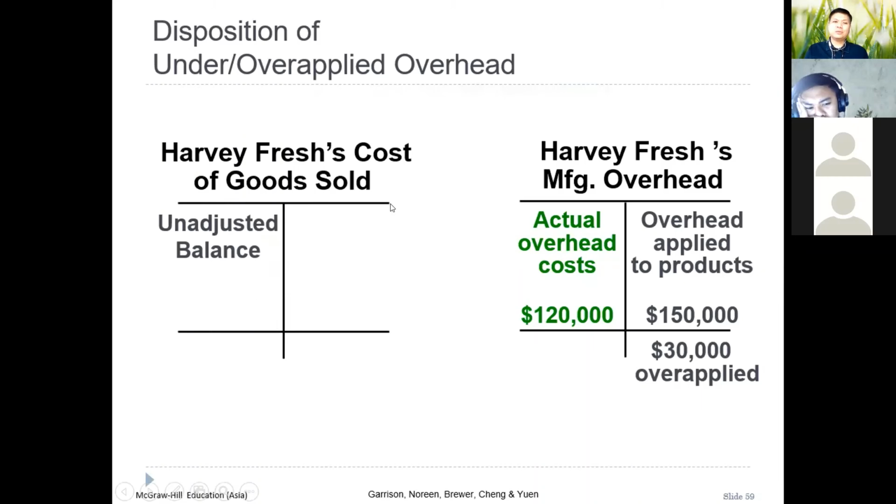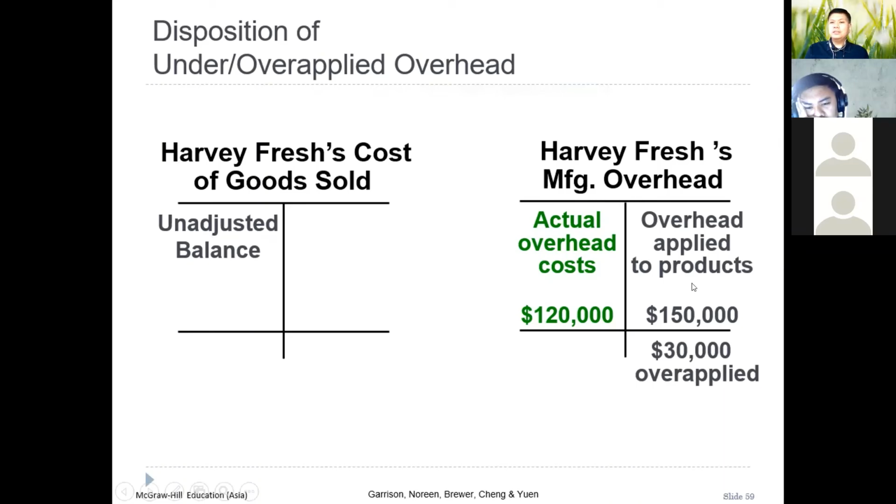The T account has 2 sides. The left side, which is the debit portion, and then the right side, which is the credit portion. Anyway, this is the cost of goods sold account. Okay, this is the manufacturing overhead account. Paano nagkakaroon ng entries dito sa manufacturing overhead?